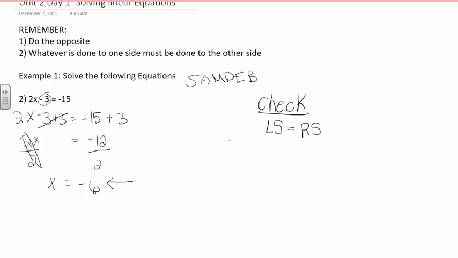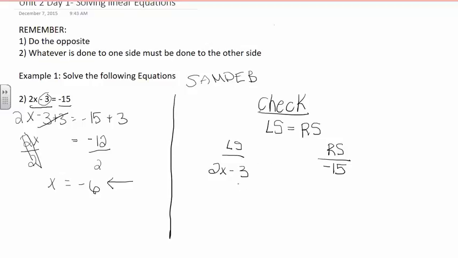So all we do is this. We separate our left side, which we know is 2x minus 3, and we write our right side, which we know is just negative 15, and then we work through them both.